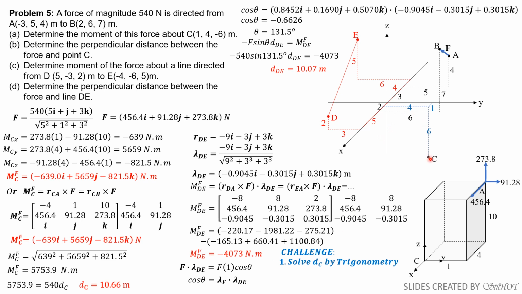You just form a triangle ABC, then solve for the sides, and you can solve for d sub c by trigonometry. Then compute moment DE by this formula: solve for moment at D in vector form, then dot it with the unit vector DE, or moment at E dot lambda DE. So that's the other two ways in computing for moment about axis DE.